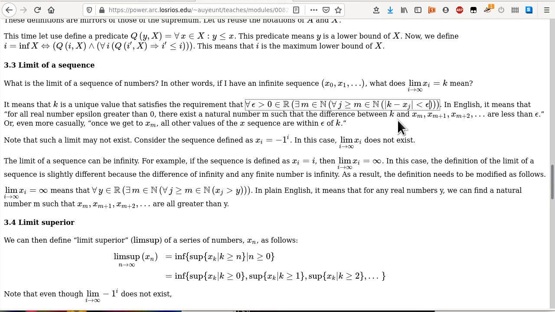So the difference between k, the constant we are interested in, and the value of that particular element in the sequence has to be within epsilon of k. This is the absolute value symbol. This bar has nothing to do with cardinality. This is really just your absolute value.